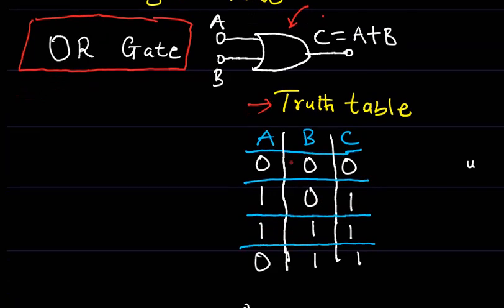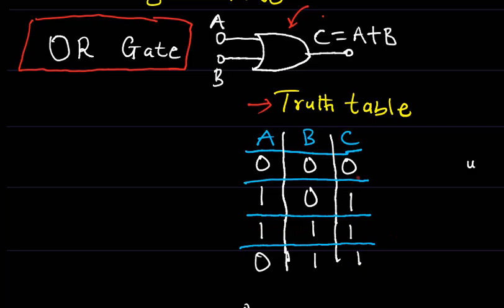So invariably, in logical addition or in the OR gate, the only time the output is low, or the output is 0, is when the two inputs are 0. But if the two inputs are not both 0, if one of the inputs or both inputs are 1, we definitely have 1.